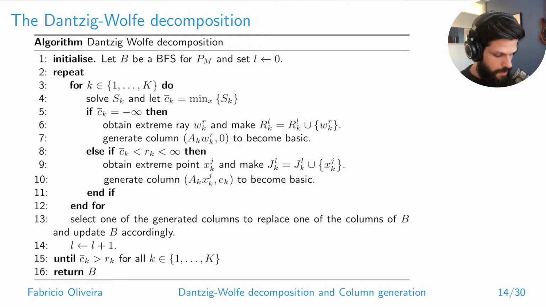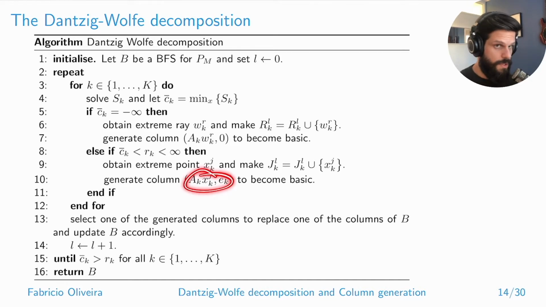If we found that the value of the subproblem is c_k, and we notice that it's less than the value r_k, remember that c_k minus r_k is our reduced cost, so if c_k minus r_k is less than or equal to 0, we just found an extreme point associated with a negative reduced cost, meaning this is a column I want to make basic in the basis for my main problem.